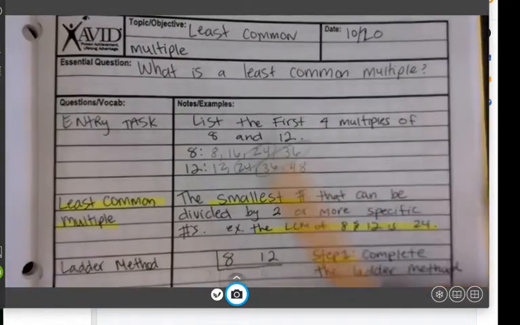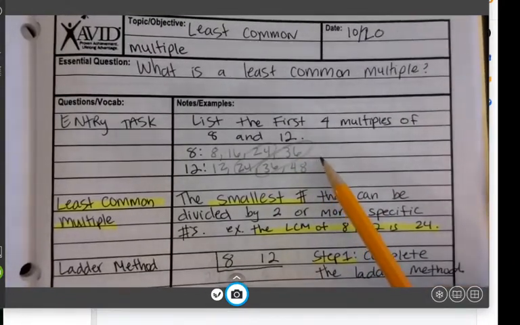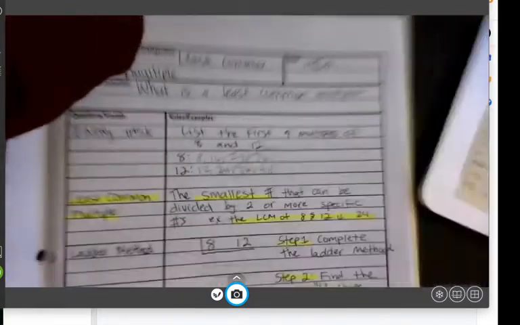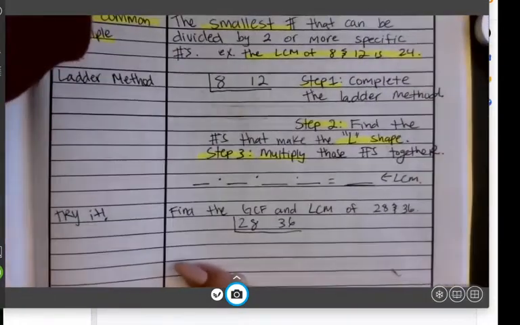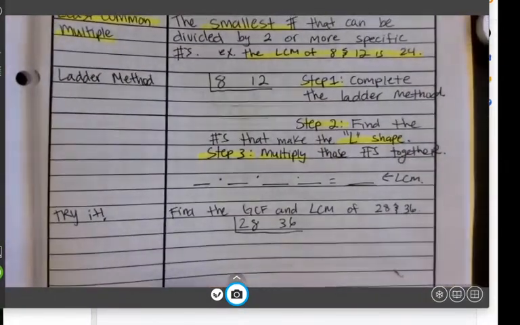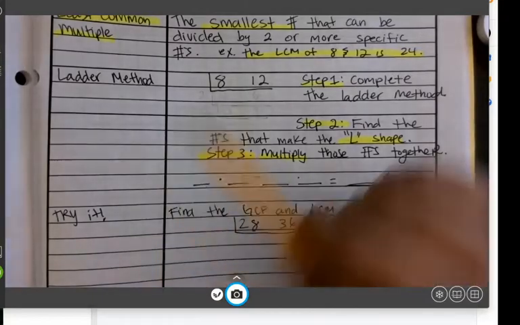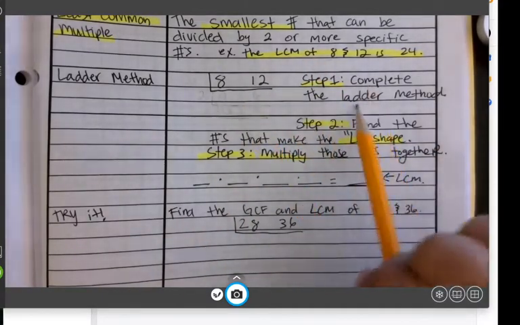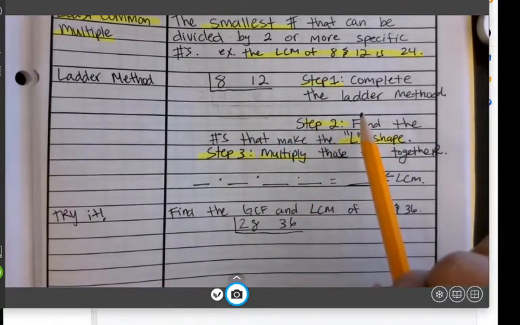One method to figure that out is to do the list method. But as we learned yesterday, we learned how to do the ladder method, and there is a ladder method way of finding the LCM, the least common multiple. The first step is to complete the ladder method, which we all know how to do.